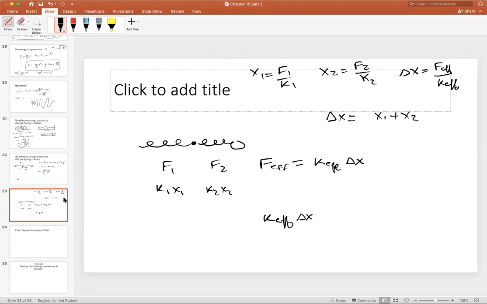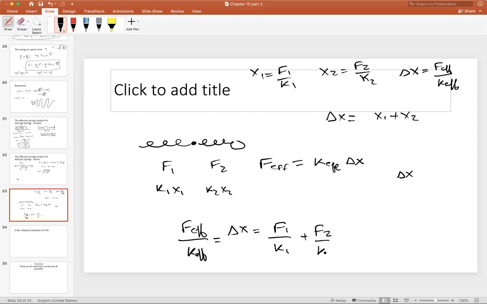Okay, so let's do this. We're going to say that we want to know what force effective over k effective is equal to delta x, and therefore is equal to x1 plus x2, right? Which is force 1 over k1 plus force 2 over k2.